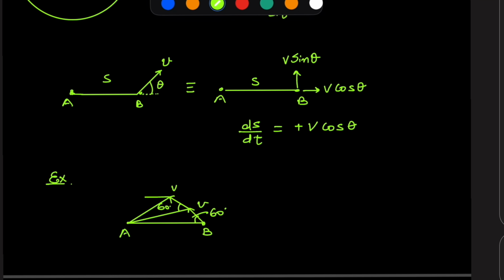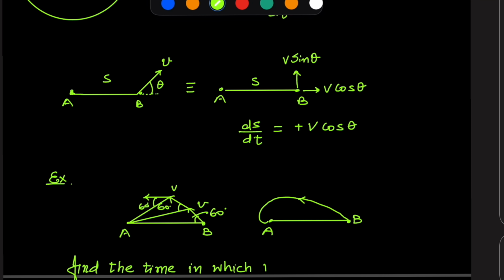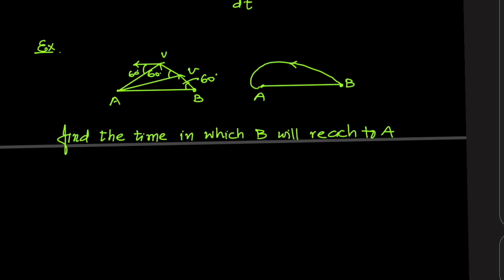So as line AB turns, so does the direction of V, and it's always making 60 degree. So it will follow a curved path like this, and ultimately it will reach A. So suppose we have a question which asks how much time it will take for B to reach A, then how to solve this?